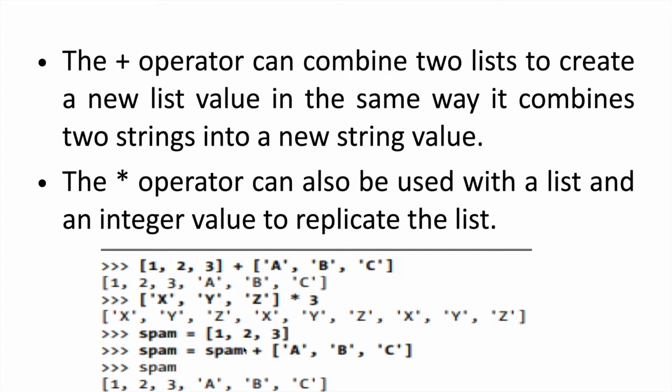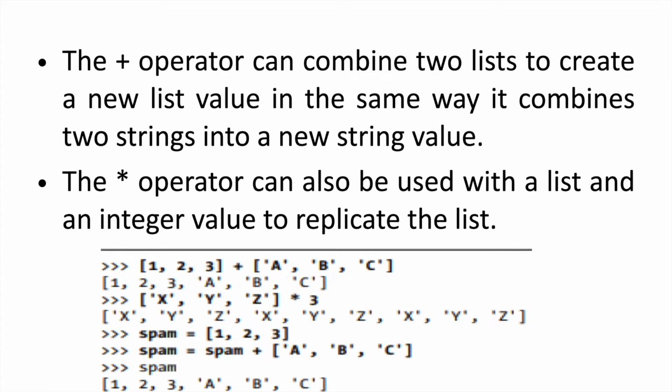In this way, you can store a list in a variable and concatenate that variable with another list. Spam is a variable that contains the list 1, 2, 3, and I'm concatenating it with the list containing A, B, C. If you see the output, now you can see 1, 2, 3, A, B, C.